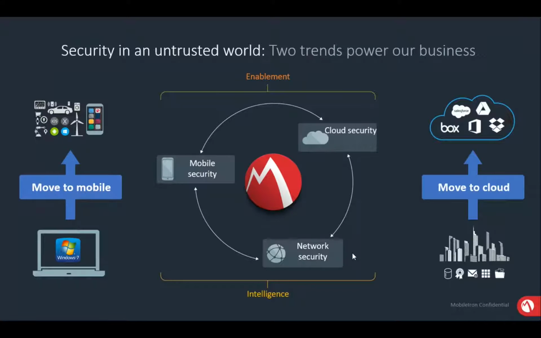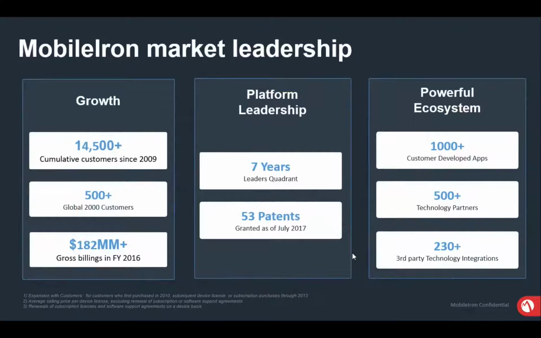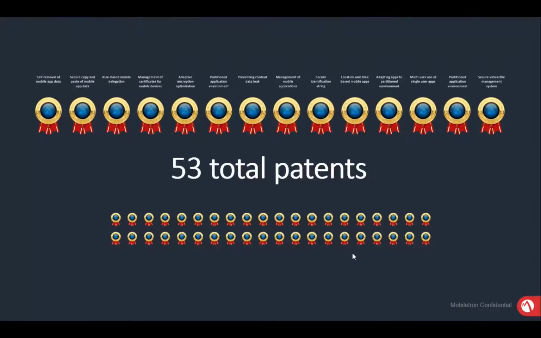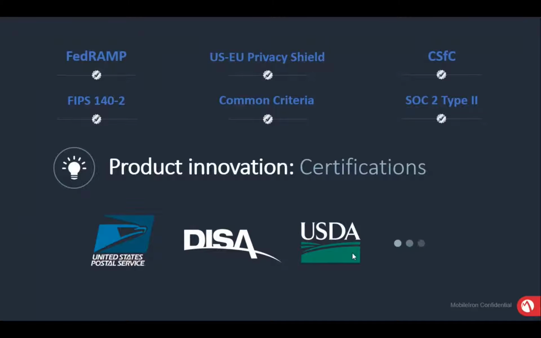So now it's not only the admin's part to secure the infrastructure, they also need to make sure users are accessing the data securely. With MobileIron, we have more than 15,000 customers, and have been leaders for the past 7 years, holding 53 total patents for the solution. And these are the certificates trusted by MobileIron.